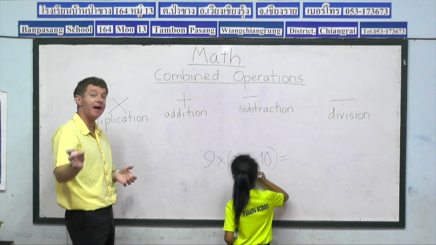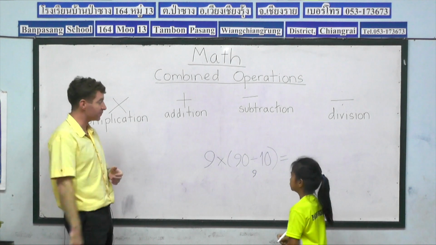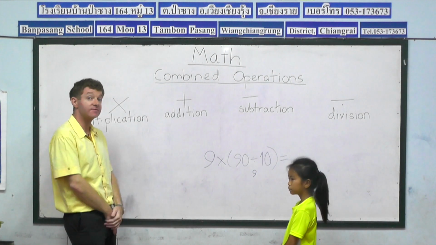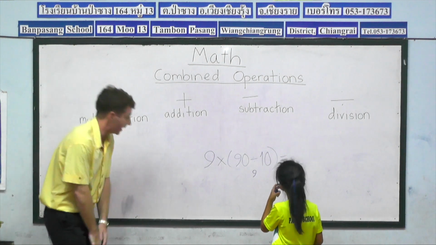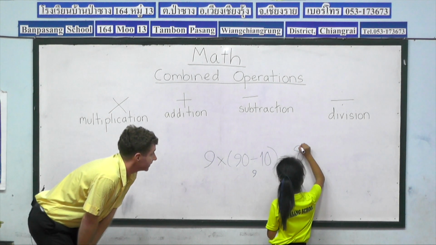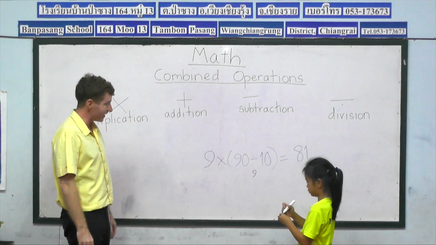90 divided by 10 equals 9. Perfect. Are we finished? No. What's our next calculation? 9 times 9 equals 81. Excellent. 9 times 9 equals 81. Prel, that's excellent.